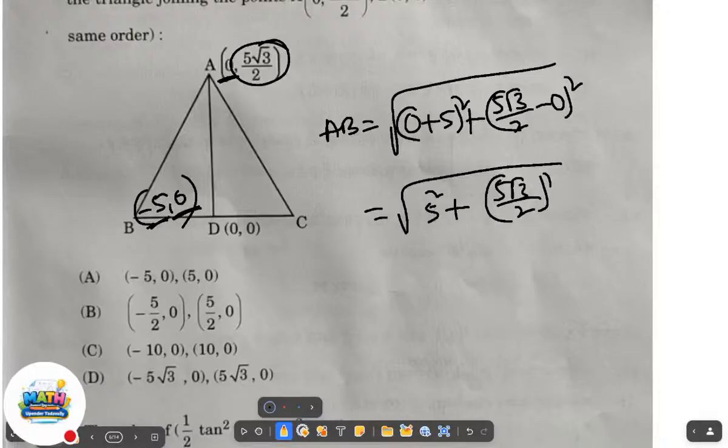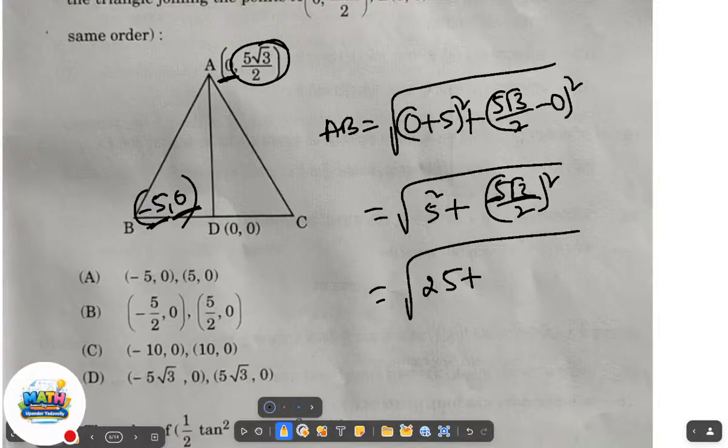So 0 plus 5 is 5 square, plus 5 root 3 by 2 whole square. Now 5 square is 25, and root 3 whole square is 3. So 25 into 3 is 75 by 4. Right.